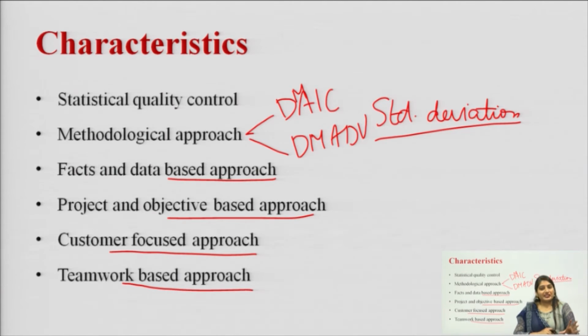So, it can focus on continuous improvement as well as on profit generation, and this objective part is dependent on the management. Okay. It all depends on the management, whether their focus is on quality improvement, on continuous improvement, or just on profit generation.